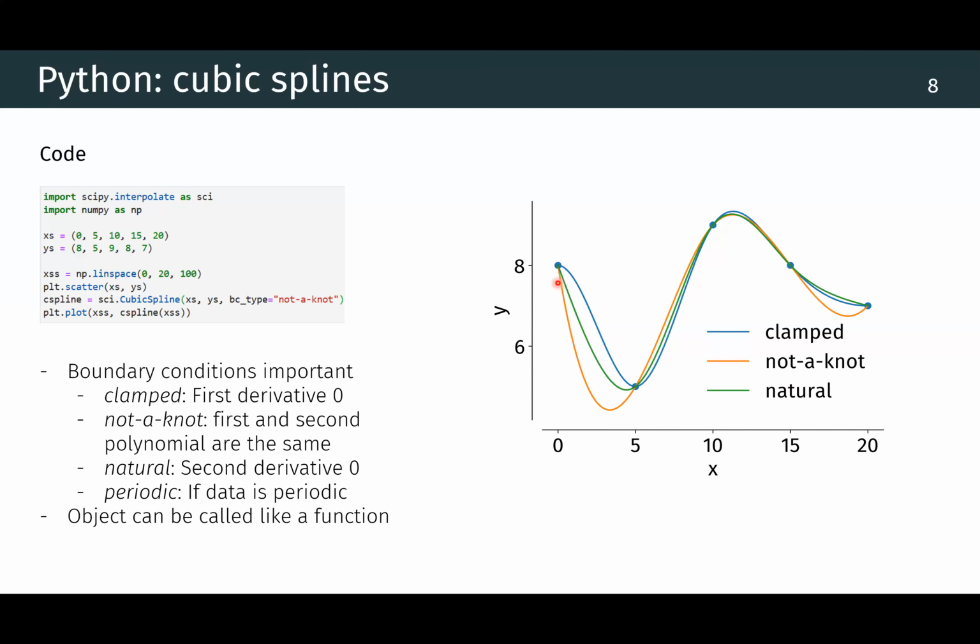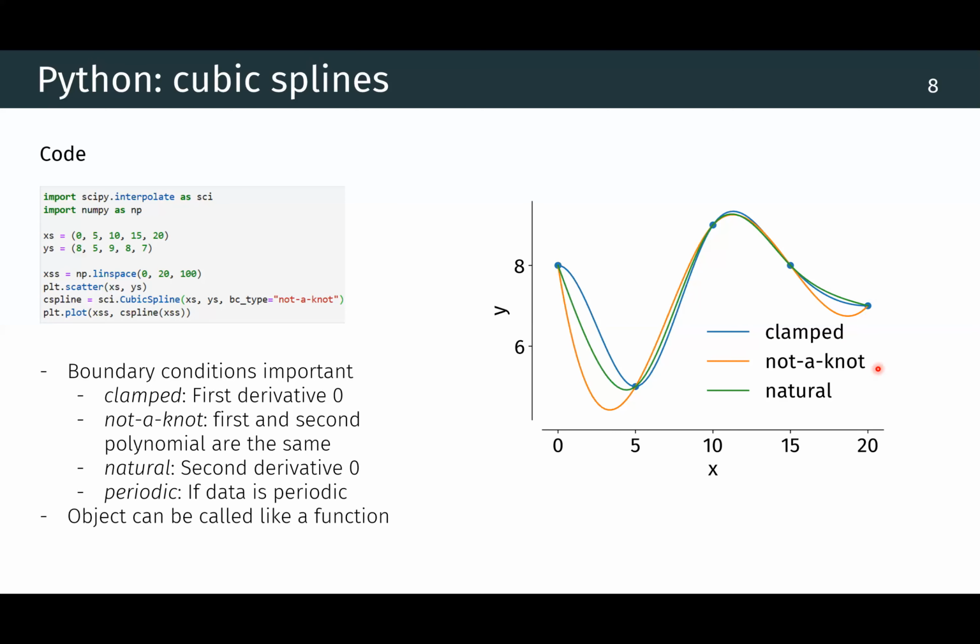So they typically mean, for example, clamped is that the first derivative is 0. That's why this thing flattens off towards that data point and does the same over here. So the idea is at the individual endpoints, you force the first derivative to be 0.